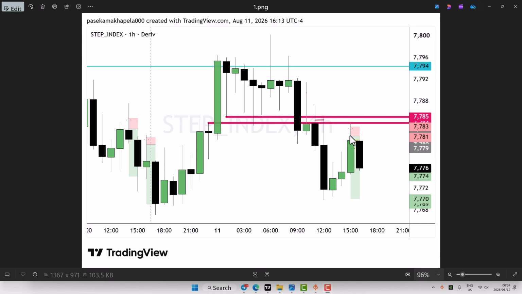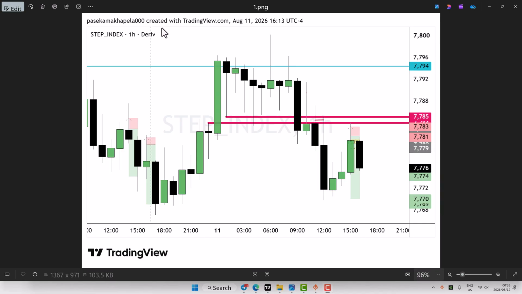So if you're looking at this chart the way that it is, would you say that this is looking like a bearish market tone? Well, it is if you're considering the opening of the day.